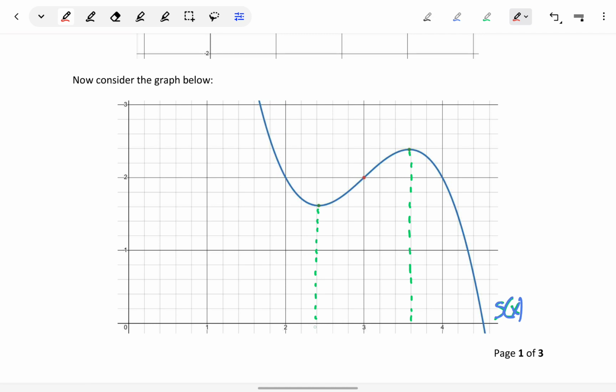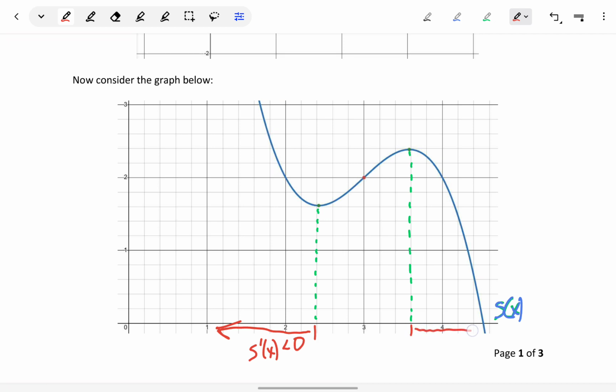So this first point that we have plotted, from there and anywhere to the left of that, our function s of x would be negative, s prime of x would be negative. The instantaneous rate of change of that function would be negative because as we read that graph from left to right, the function is decreasing.